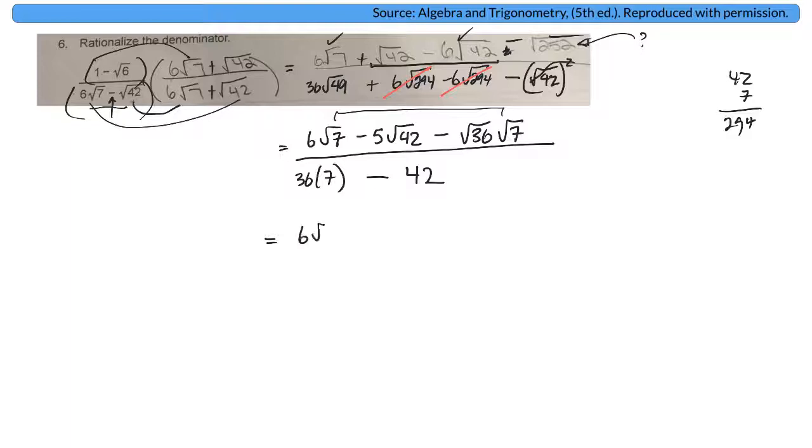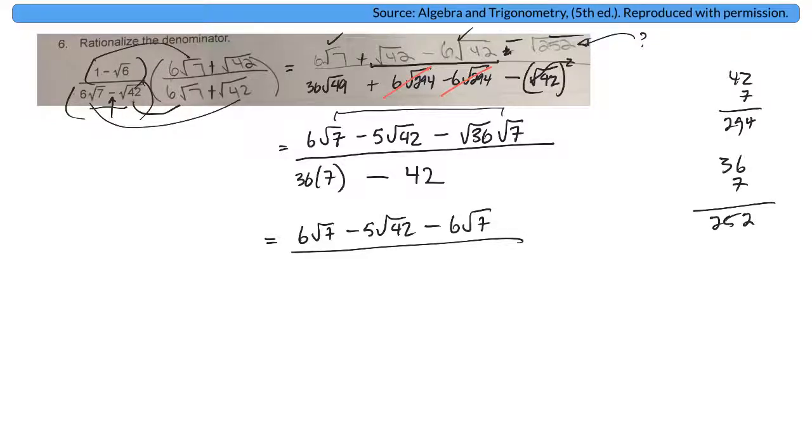So it'd be 6 root 7 minus 5 root 42 minus 6 root 7. So the 6 root 7s will cancel out too. Over 36 times 7, 252. We did that one already. So this would be 252 minus 42 on the bottom.